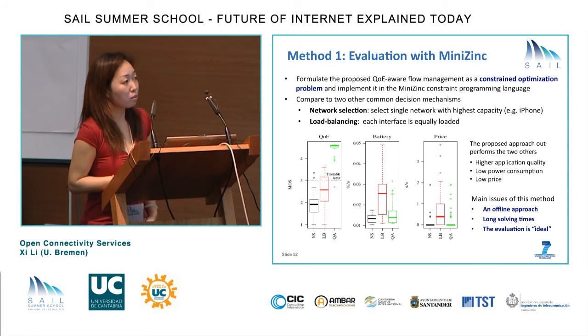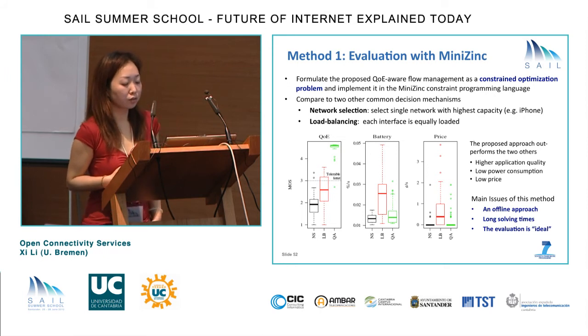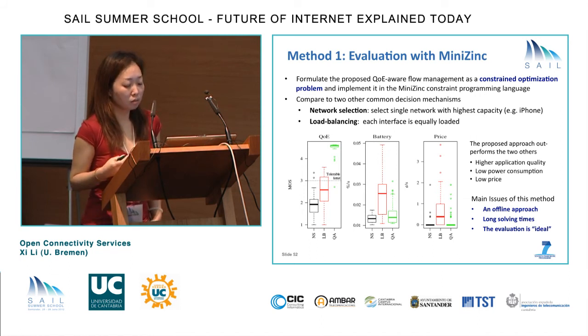The second problem is the long solving times of this method. And as well, the evaluation of the solution is an ideal outcome, which is more or less the upper bound of the solution.